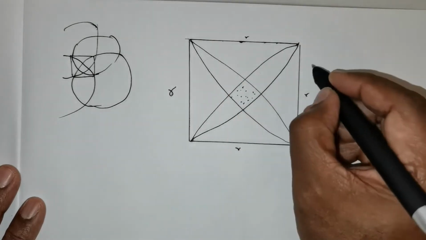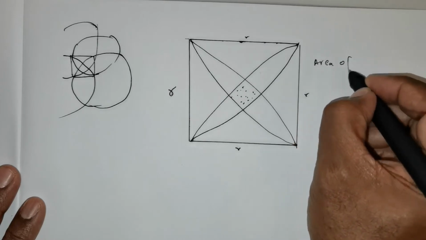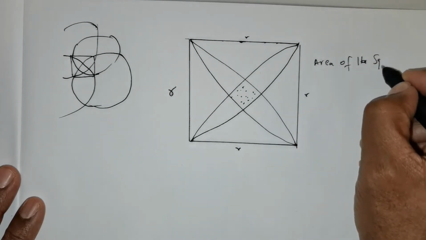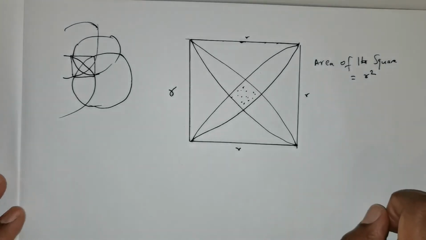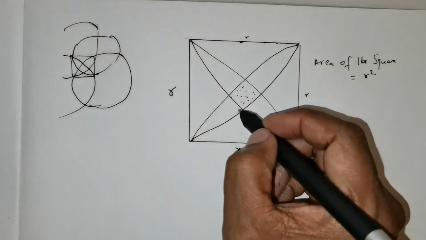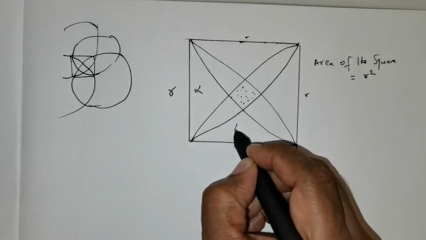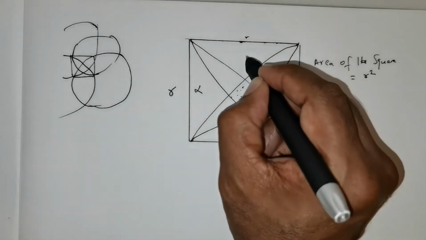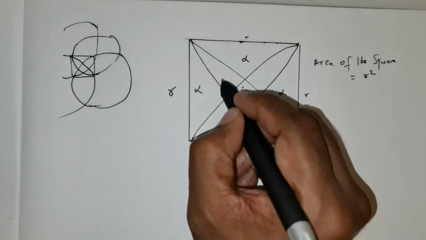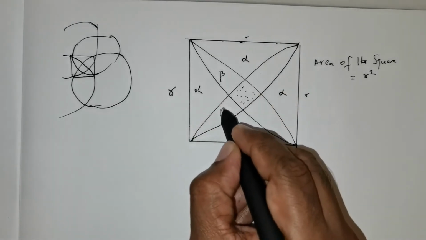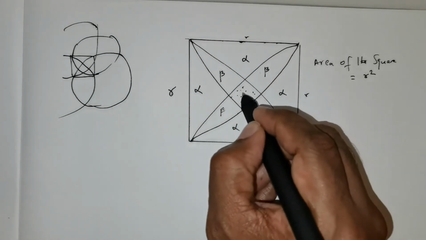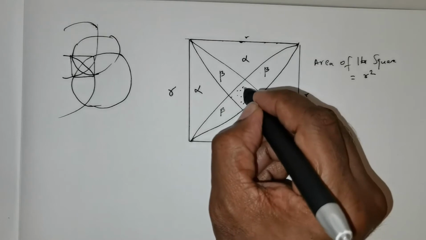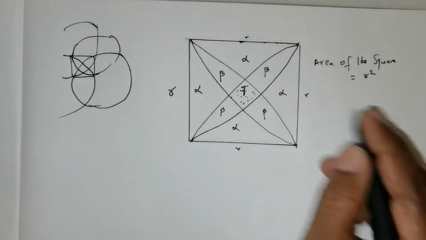we know that the area of the square should be equal to r squared. Now, if I were to name these portions as alpha, alpha, alpha, alpha, and these portions as beta, beta, beta, beta, and this portion as, say, some t.